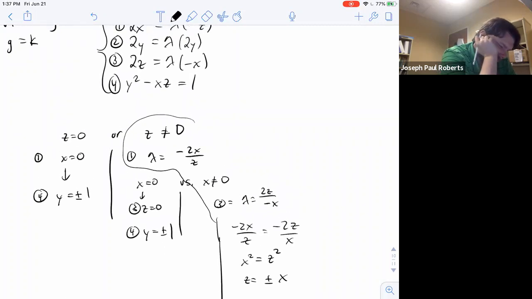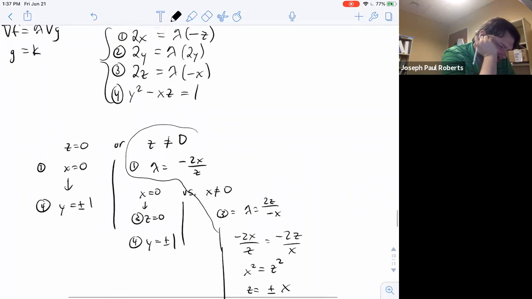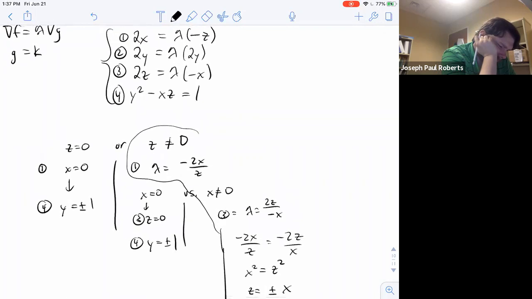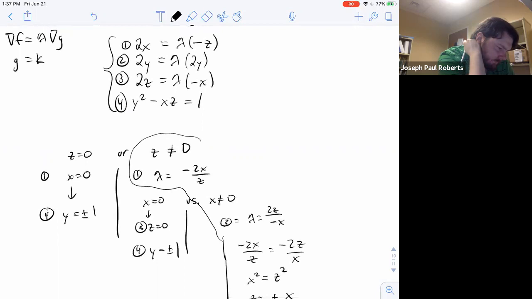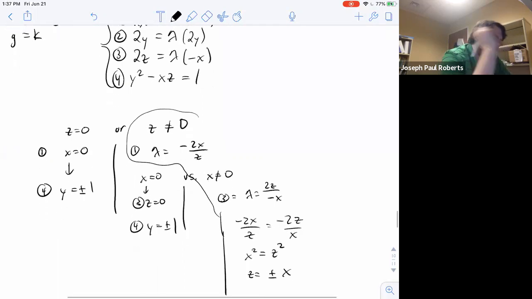Huh. I feel like I'm making this trickier than it has to be. So I guess I could get through all this, but actually, let me just scratch this.